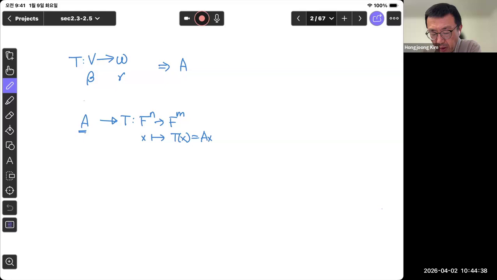So whenever I have a matrix A, you may regard this matrix as a certain linear transformation, right? Or if you have a linear transformation from Fn to Fm, then we can find a matrix, right?